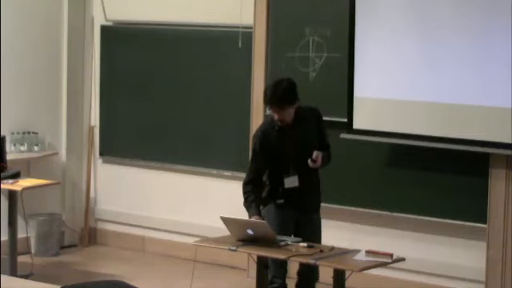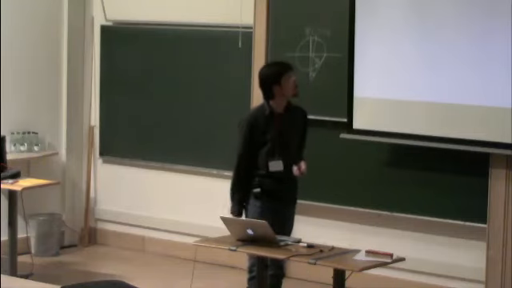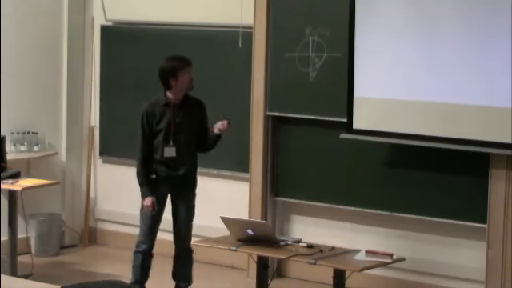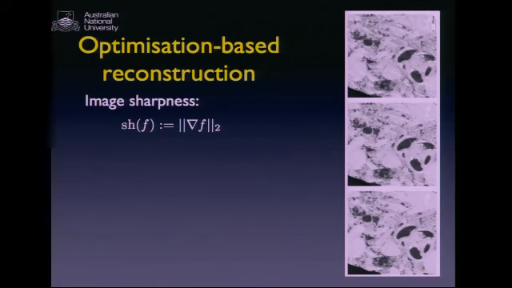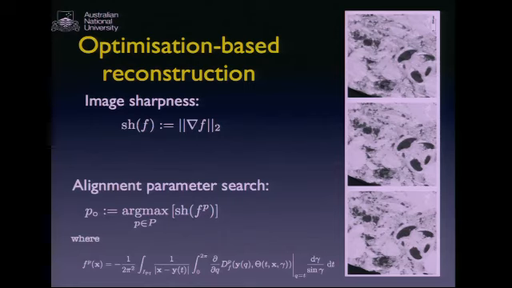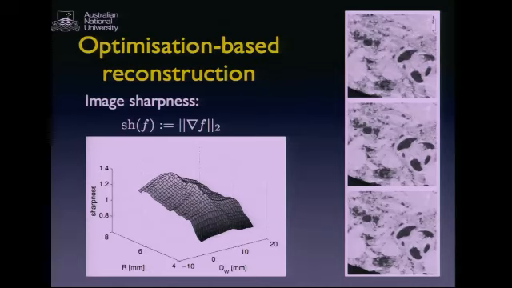So we try optimization-based reconstruction, essentially what they do in digital cameras. Look at the gradient of a reconstruction image, aligned and misaligned. And we search over the parameter space, but that does not quite work as well as we would have hoped.